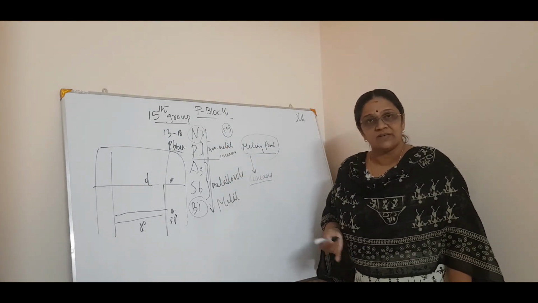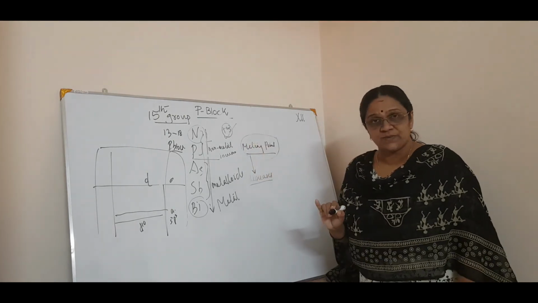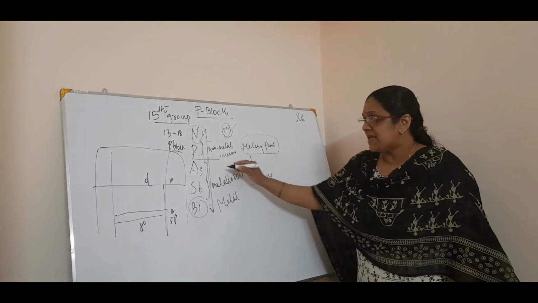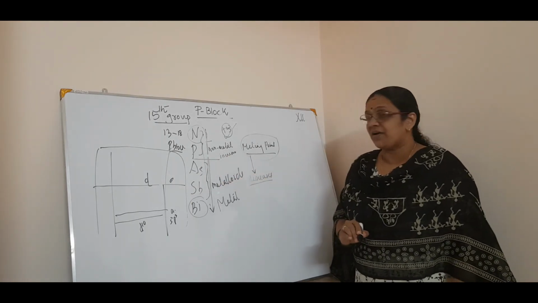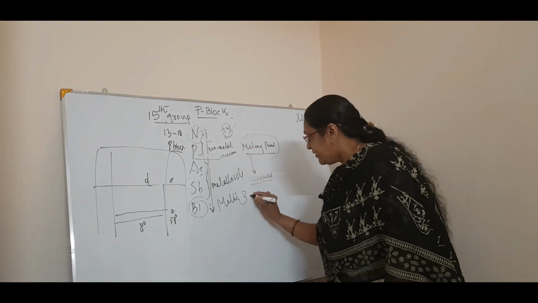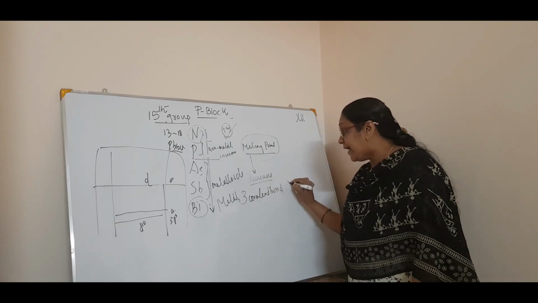See, 5 covalent bonds are there normally. That is why you say it is a +5 valence group. 5 valence electrons are there. But in arsenic, antimony, etc., they take only 3 covalent bonds. Very important. They make only 3 covalent bonds rather than 5.